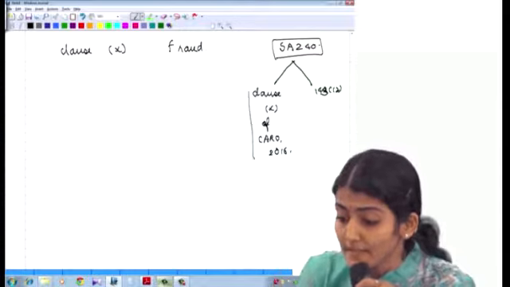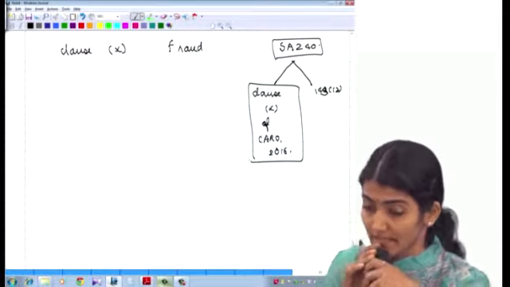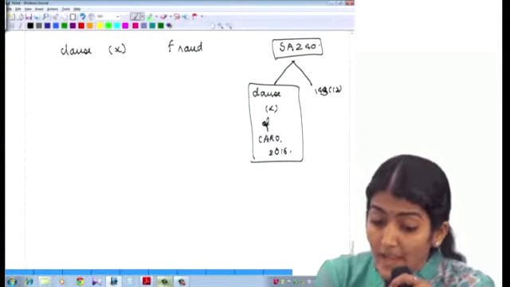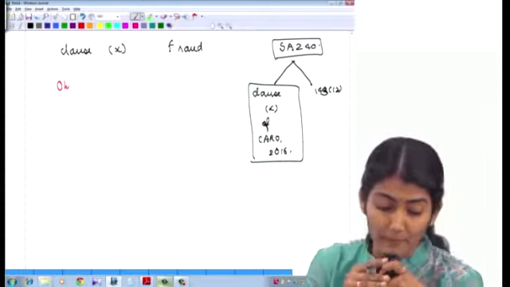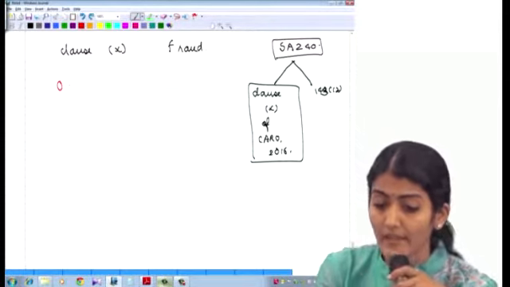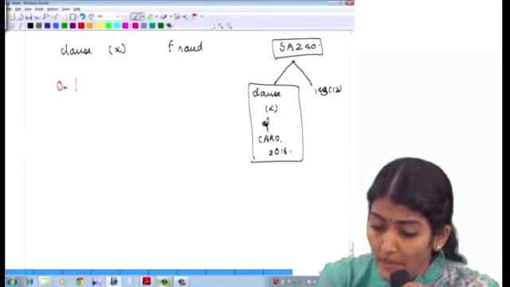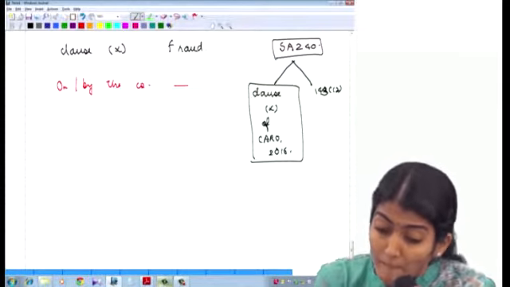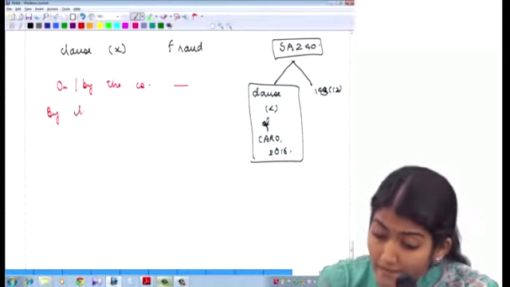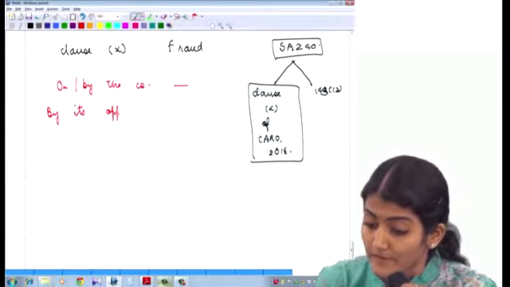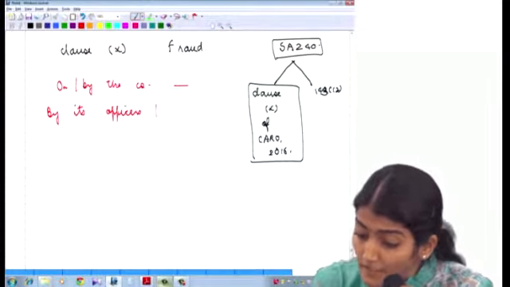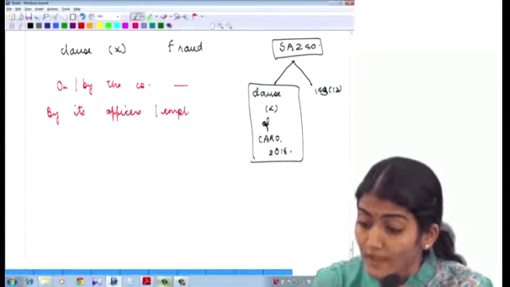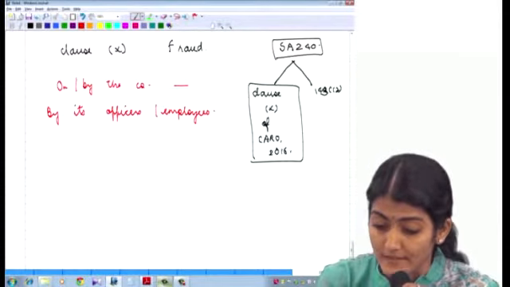Right, so clause 10 of CARO 2016. What does it say? Any fraud on the company or any fraud by the company, by its officers or employees. So external frauds are not covered in CARO 2016.